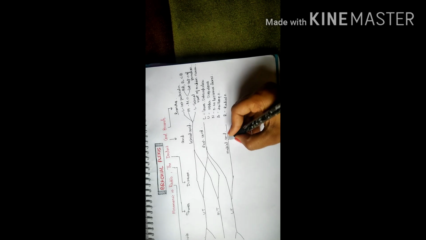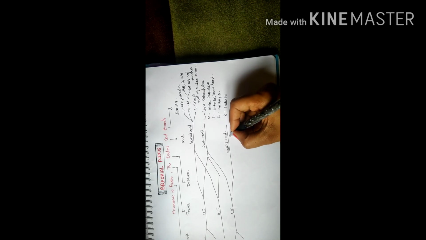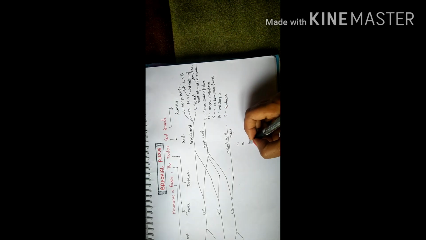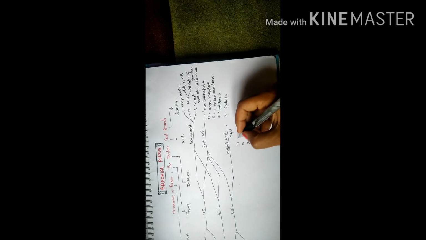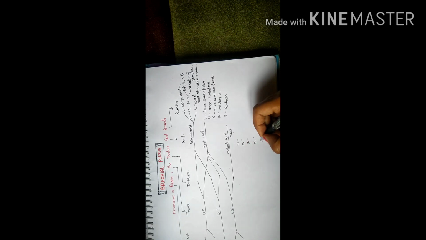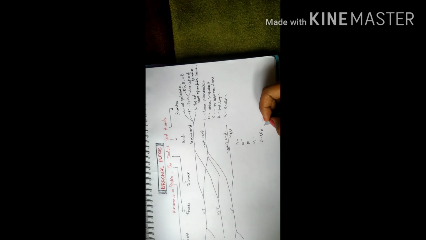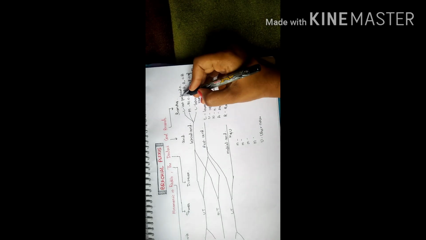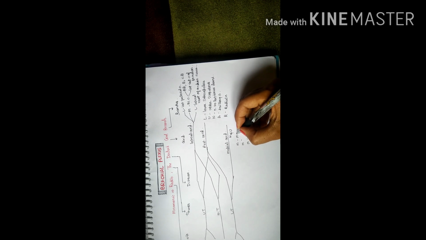Coming to the medial cord, the mnemonic is M for U. M should be written 4 times and U is ulnar nerve. Here we have lateral pectoral nerve, so here we have medial pectoral nerve.